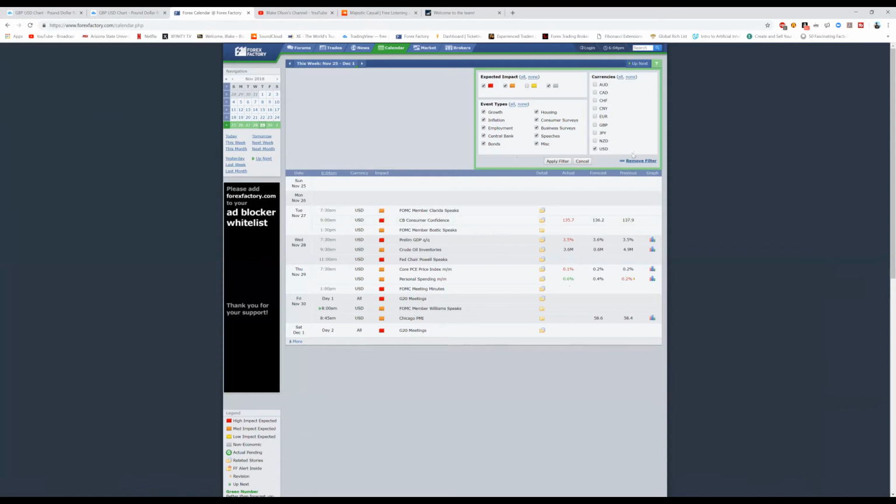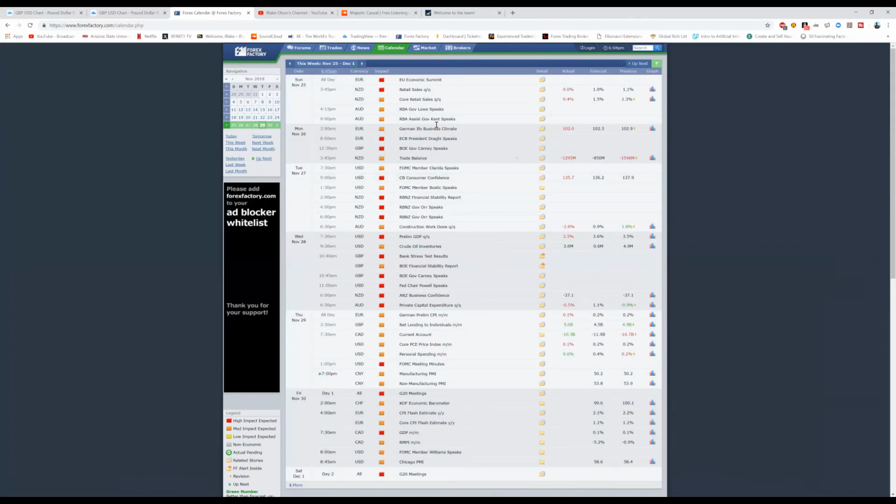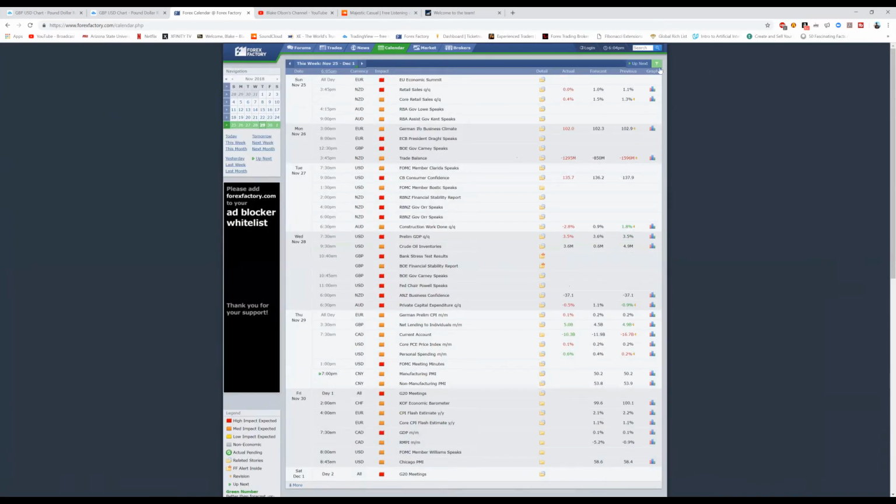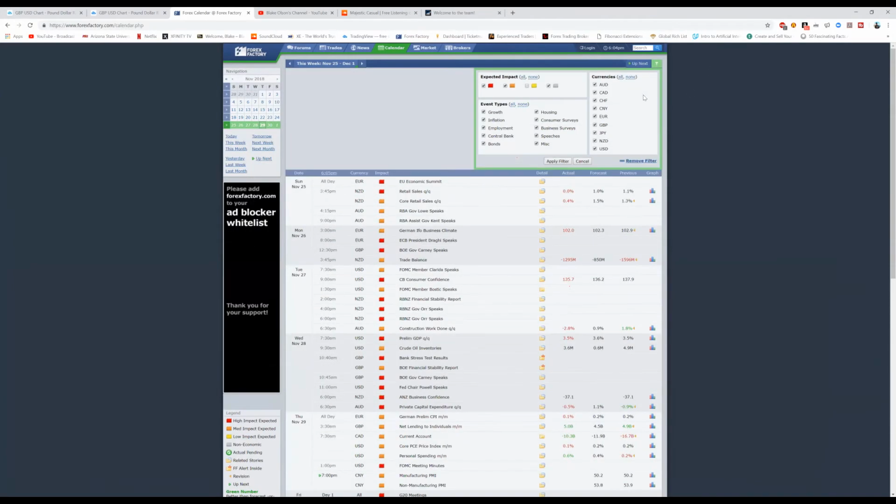Now, I like to focus on US dollar a lot, so I only have US dollar selected. That's not something I always have. Usually I'll have all of them on. But as you can see, the list gets a lot longer when you do that. And other than the CNY, all of these are the major currency pairs.